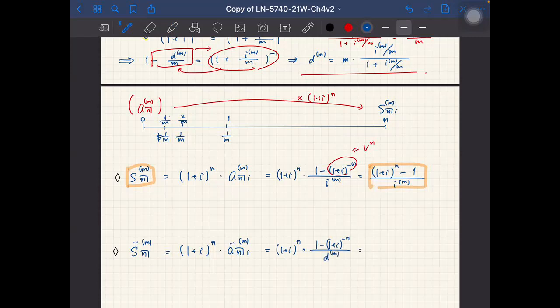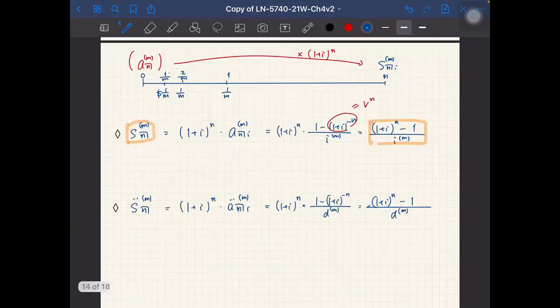So this is equal to 1 plus i to the power n minus 1 over d superscript m. So the formula is similar to the formula for s double dot angle n.